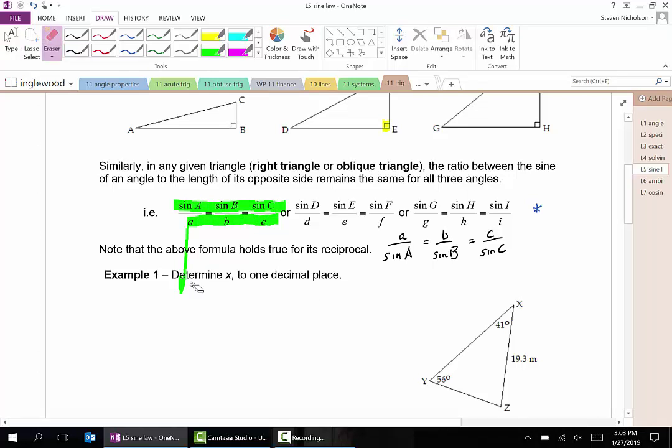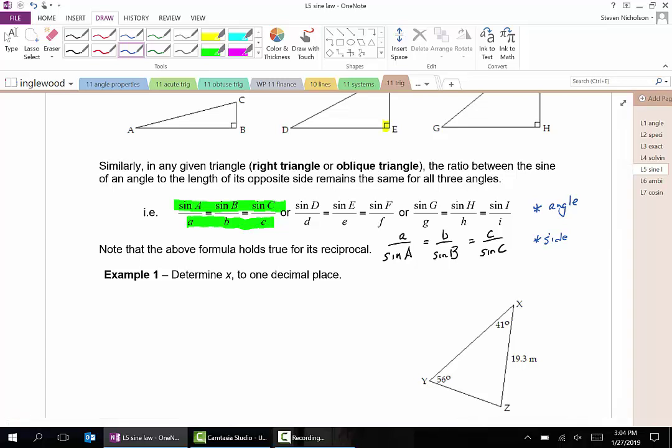But in this example right here, if I want to find an angle, I'm going to use this form of the sine law. And when I want to find a side, I'm going to use this one. And the reason is the algebra becomes easy, and you're going to see really quickly.